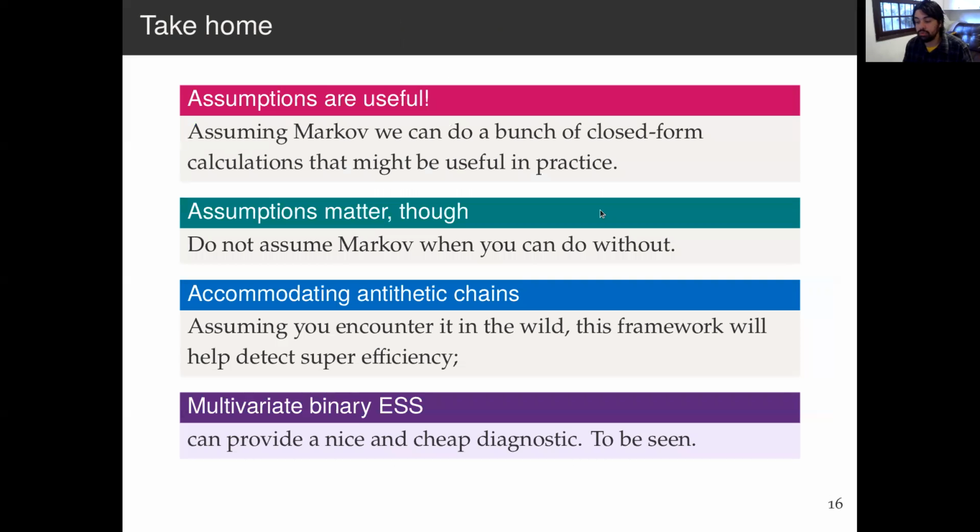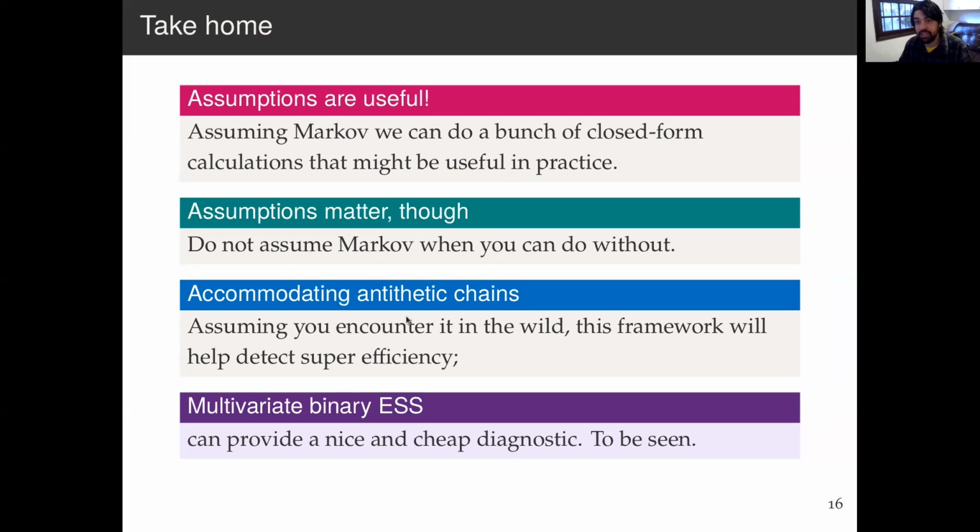Great. So to wrap up, assumptions are very useful, right? If we could assume that the process is Markov, we could derive a bunch of things in closed form. They're cheap to compute, they're very accurate, but they do matter, right? So in this particular case, the Markov assumption was much too strong for some binary processes that people can generate.